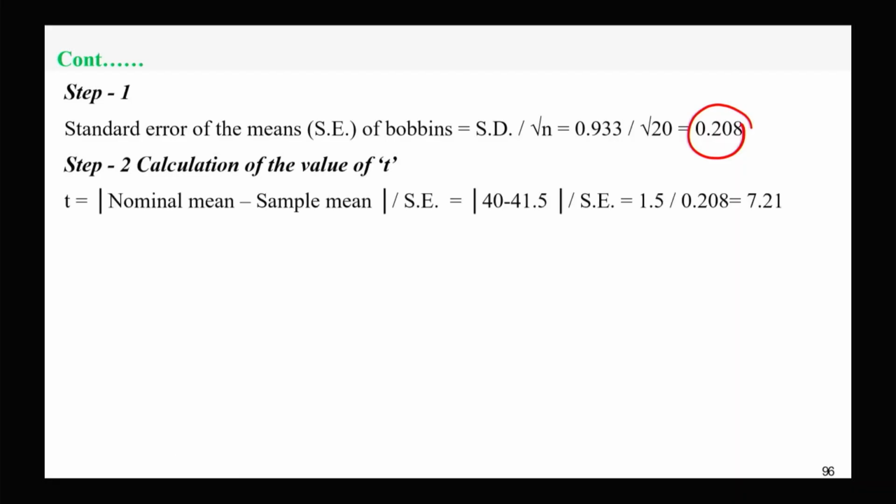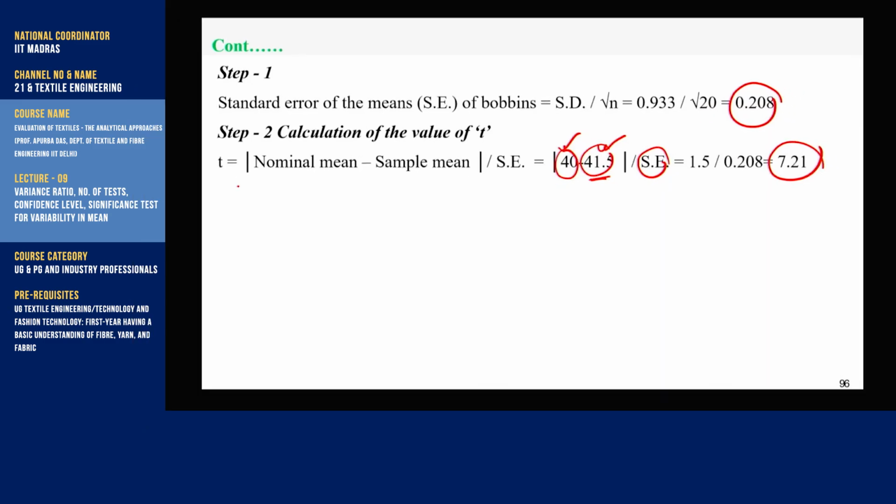The t value is calculated from the nominal count, the calculated mean, and the standard error we have already calculated. So the t value is 7.21.